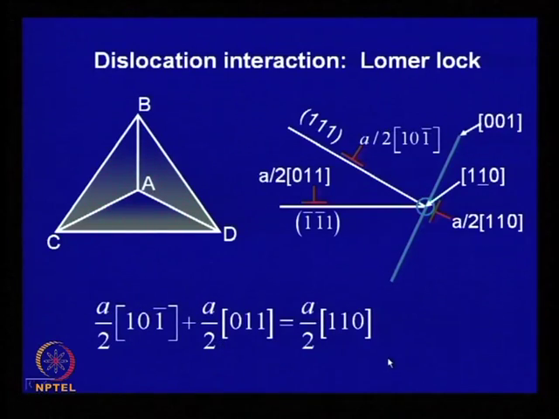So, this is energetically favorable, this reaction will take place, and you can then find out the line of intersection.